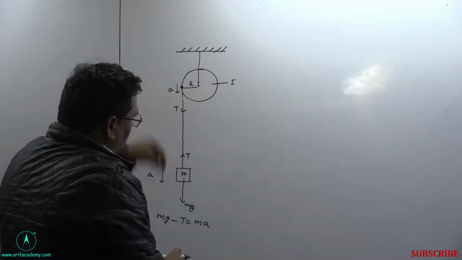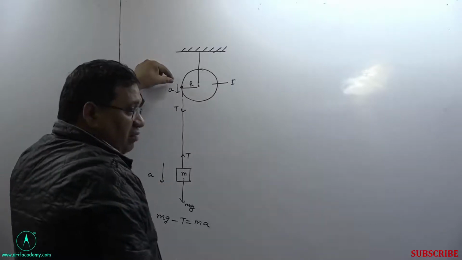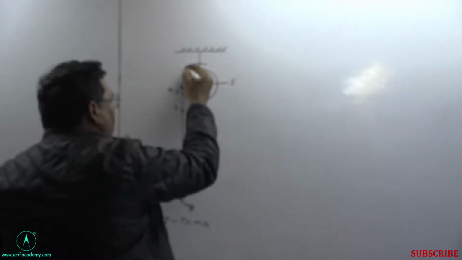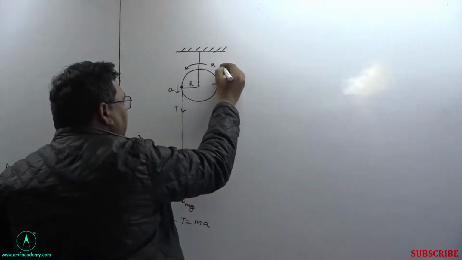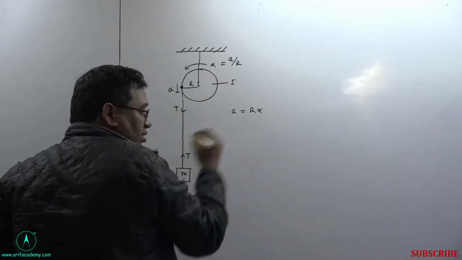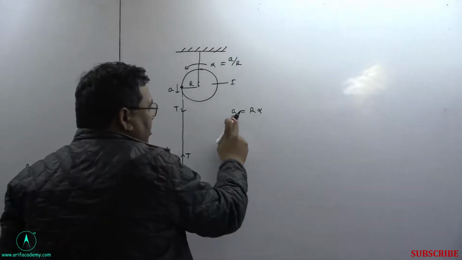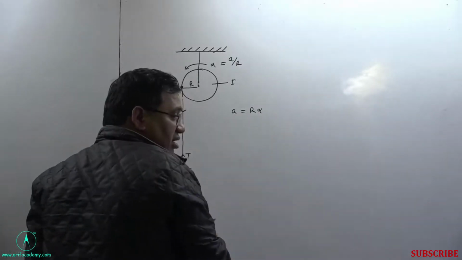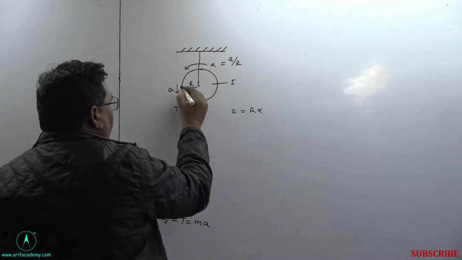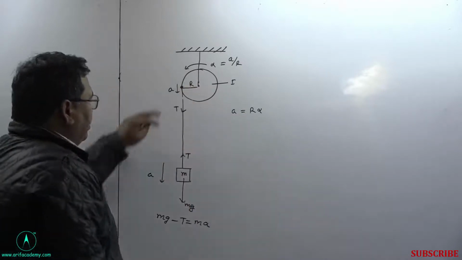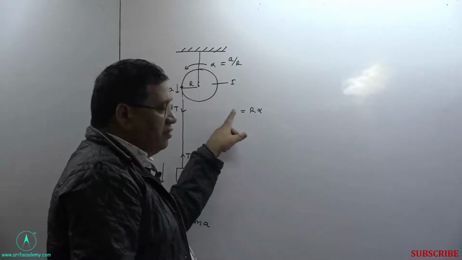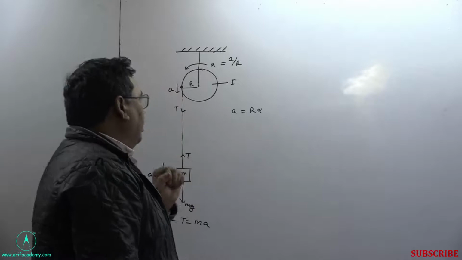So this pulley will have angular acceleration alpha equal to a by r, because we know a equals r alpha. This is linear acceleration, this is angular acceleration. They are related like this.